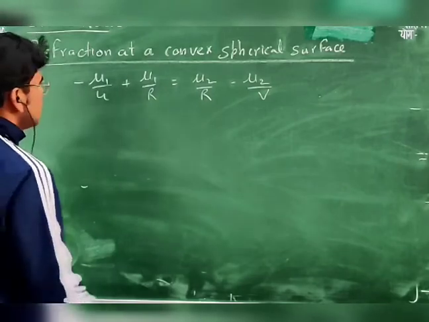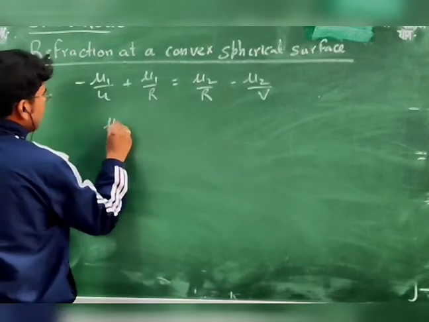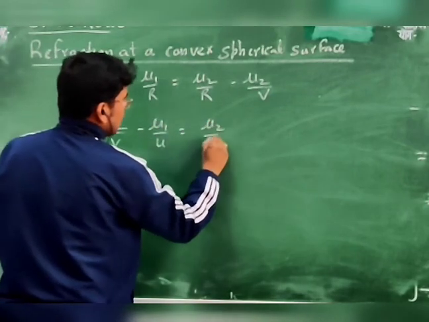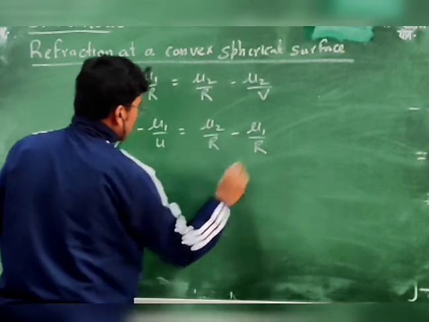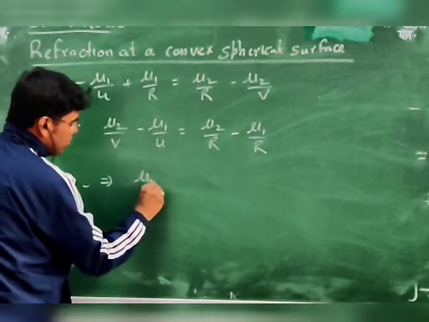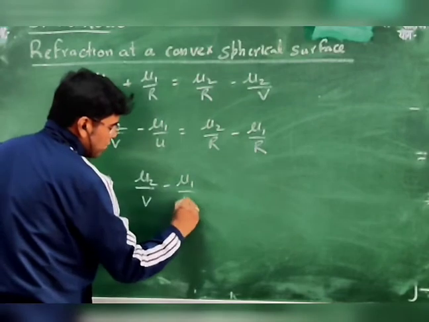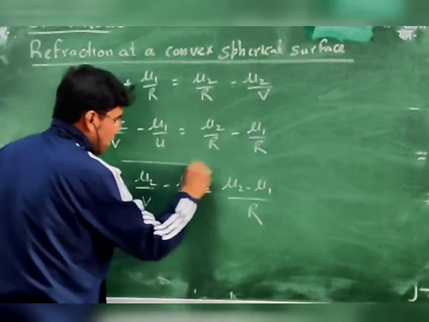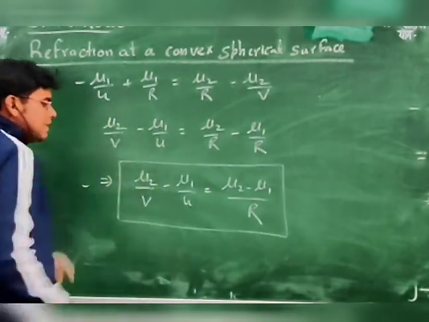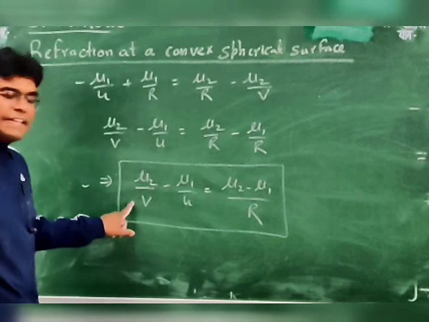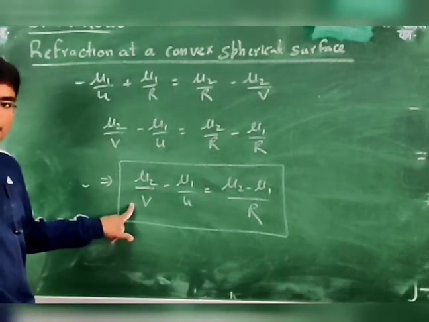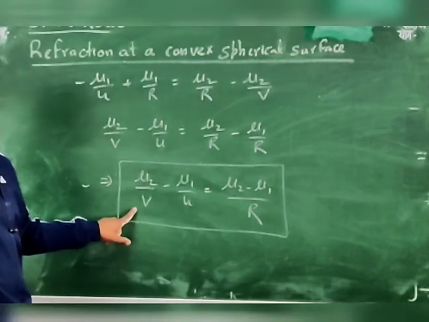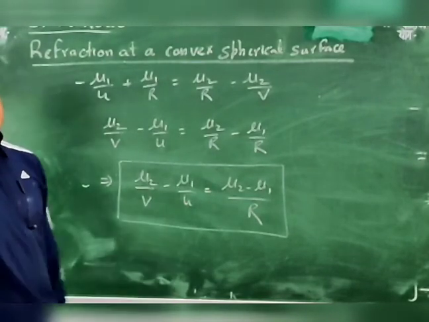So we separate it. We take this side: mu 2 upon V minus mu 1 upon U is equal to mu 2 upon R minus mu 1 upon R, or I will write it as mu 2 upon V minus mu 1 upon U equals mu 2 minus mu 1 upon R. This gives the relation between object distance, image distance, and the radius of curvature for a spherical surface.